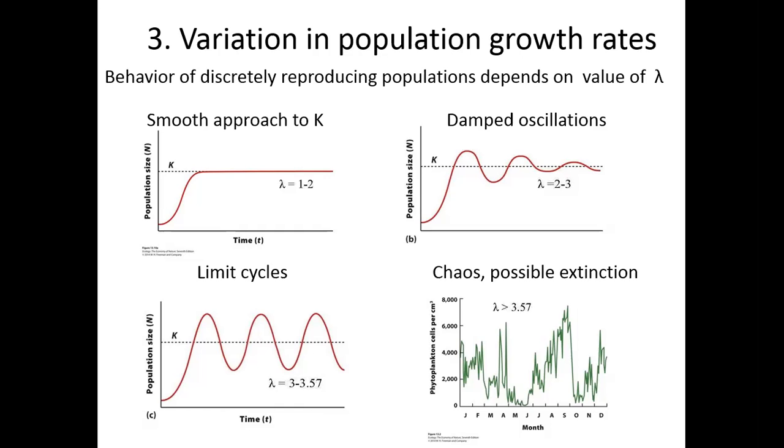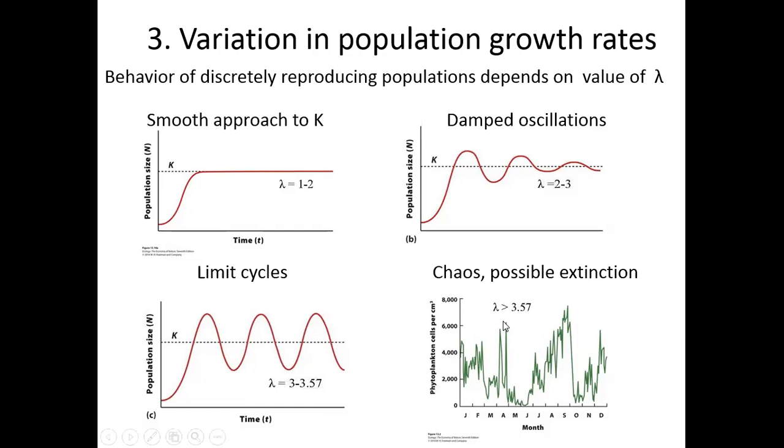Now, notice that we have said you can get a lot of variation in geometrically growing populations. We haven't said anything about exponentially growing populations. At the moment, the only thing that exponentially growing populations can do is grow smoothly to K. They can't fluctuate according to the logistic growth equation, and they can't go extinct.